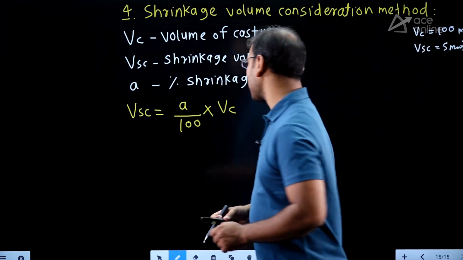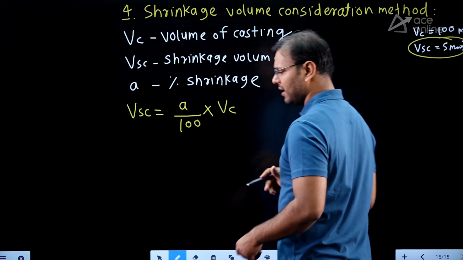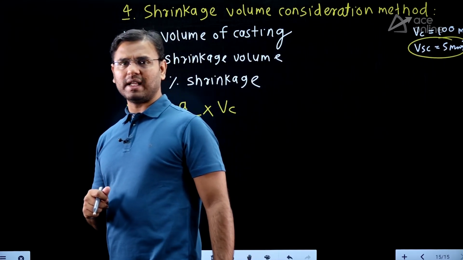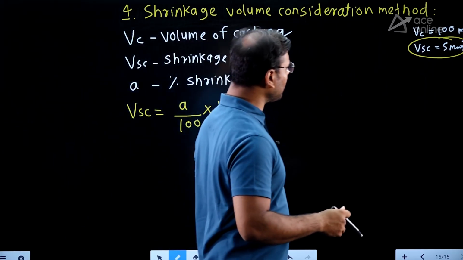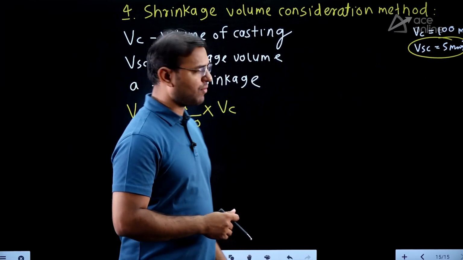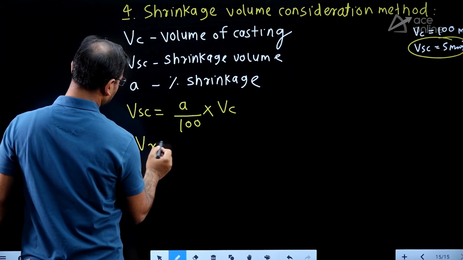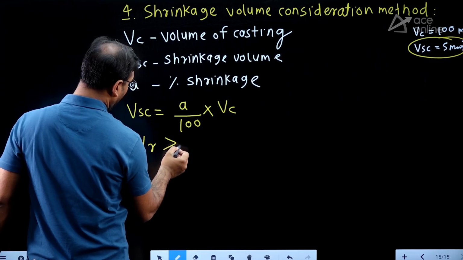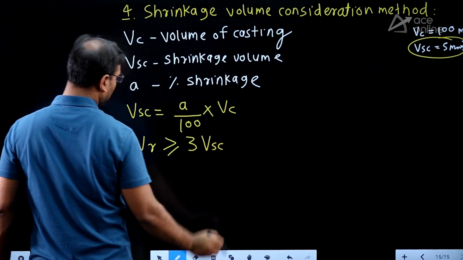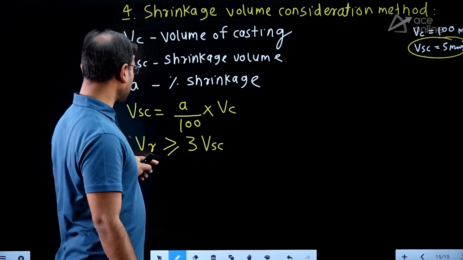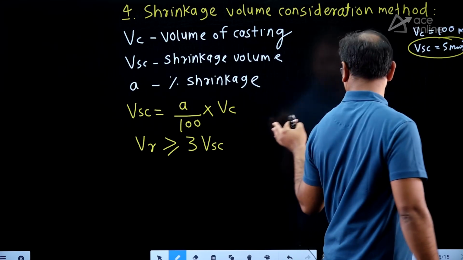Now next is the riser volume. Just see here, the shrinkage volume is 5 millimeter cube, then the riser needs to supply, listen carefully, 5 millimeter cube of molten metal. Then guys, the riser volume must be greater than or equal to 3 times Vsc. Now guys, why am I not writing riser volume equal to Vsc?